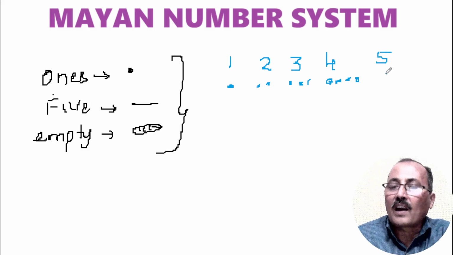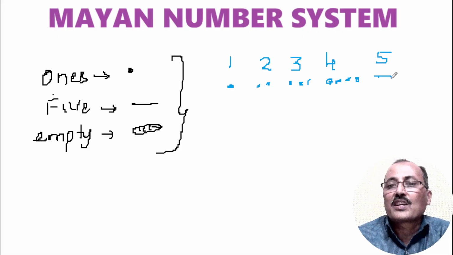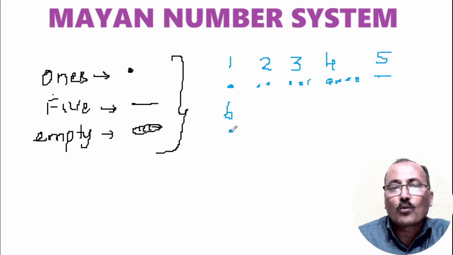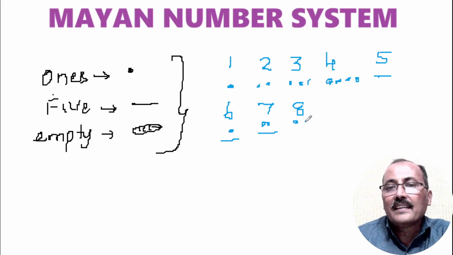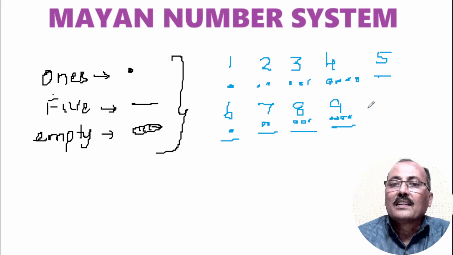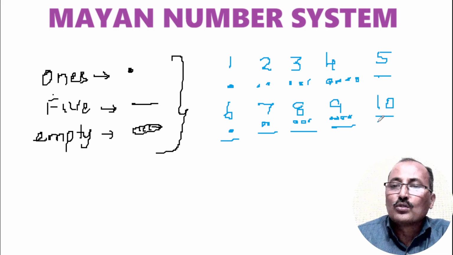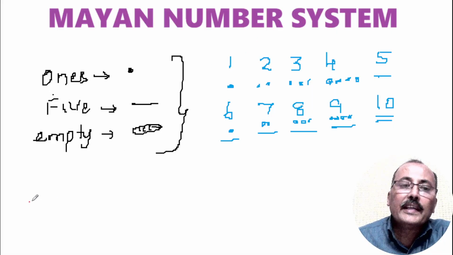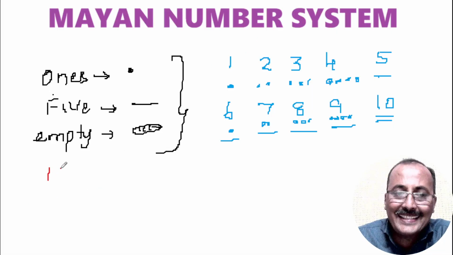For 5, they used not dots, they used this dash, a hyphen. So 6 is 1 dot and 1 hyphen, 7 is 2 dots and 1 hyphen, 8 is 3 dots and 1 hyphen, 9 is 4 dots and 1 line segment. Then 10 is 2 bars. They went like this up to 19.